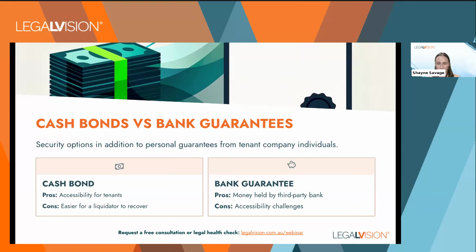So it might be more difficult for a liquidator to recover that bank guarantee, specifically from those monies to call on for the liquidation, and therefore it might be more beneficial to you as a landlord that you could still call upon those monies if need be. So something to keep in mind when you are requiring tenants to pay cash bonds and bank guarantees.